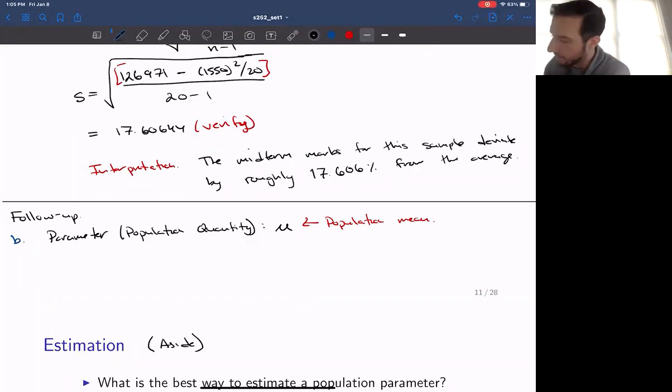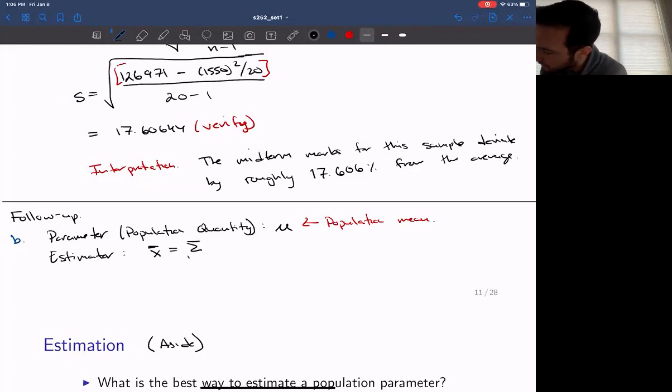The estimator is effectively just the formula that we utilize to compute an estimate. So the estimator would be the actual expression x bar equals the sum from i equals 1 to n of x i over little n.